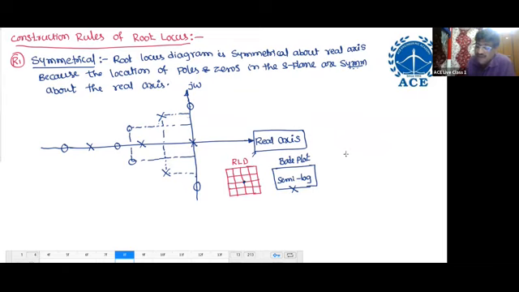When you go for the Nyquist plot, it is drawn on polar graph sheet. The polar graph sheet is like this.